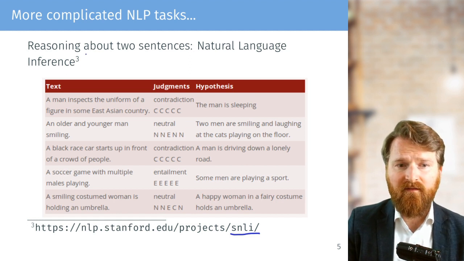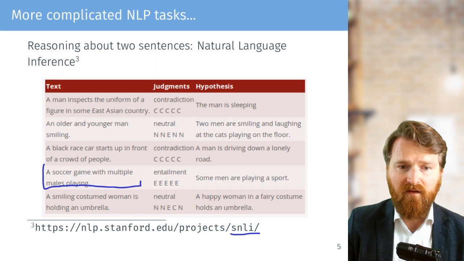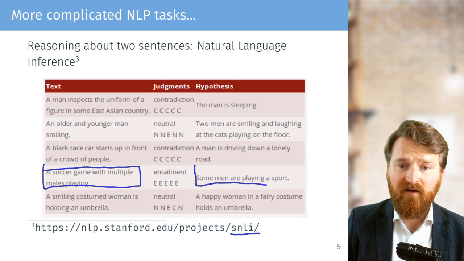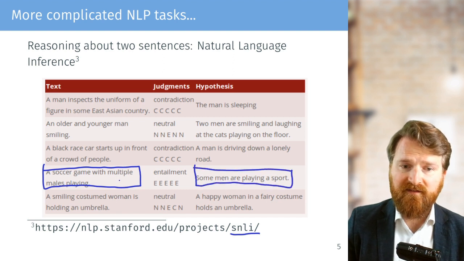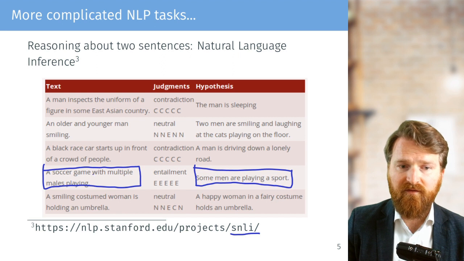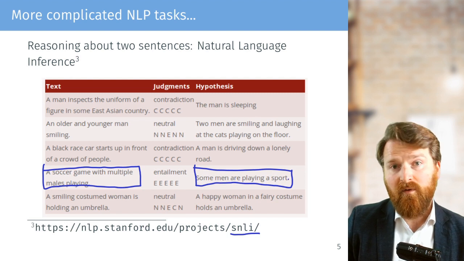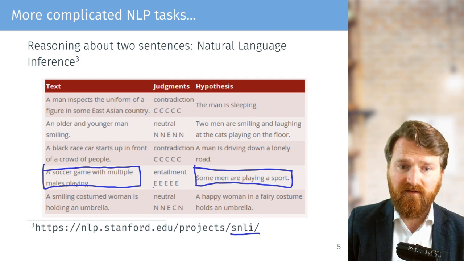Given a text, for example, a soccer game with multiple males playing, you ask whether the hypothesis holds, whether the text entails the hypothesis. For example, a soccer game with multiple males playing entails some men are playing a sport, which is true in this case, so it's labeled as an entailment.